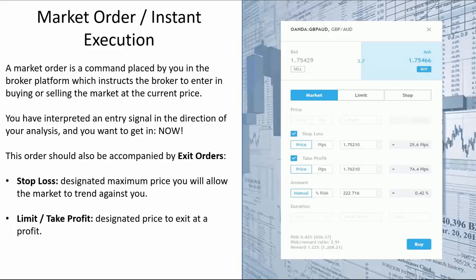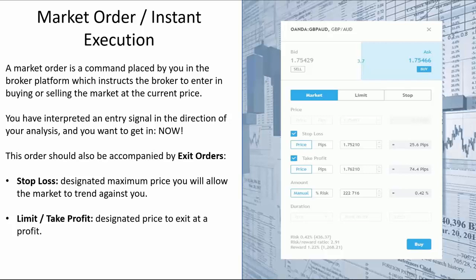So you may want to consider giving yourself a little bit more buffer, because it's not unknown for institutions in general to target certain price points as a result of that. They're aware that that's how most traders trade, themselves included. But we'll discuss more of that in detail later on.